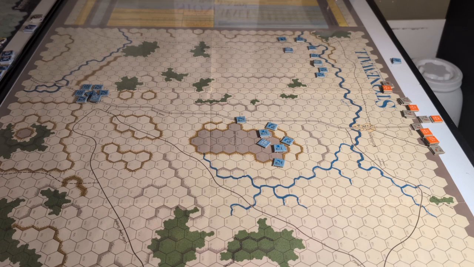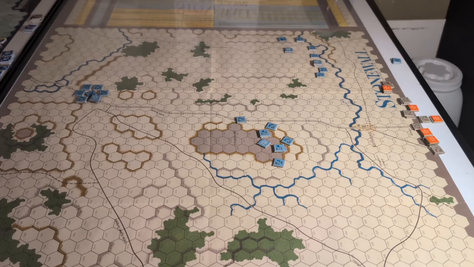Oh, there it is. So we're looking at 125 yards of real terrain. Each turn is 20 minutes. Each infantry or cavalry unit represents between 100 and 600 men. Each artillery unit is a battery of 4 to 7 guns.